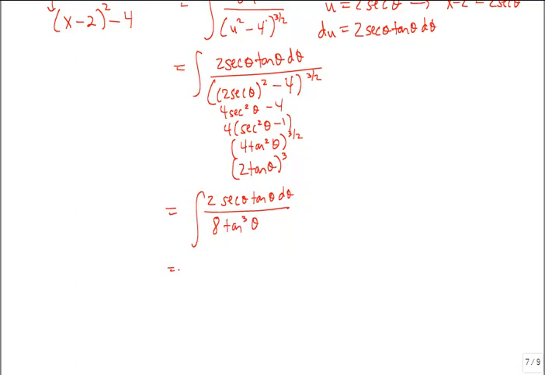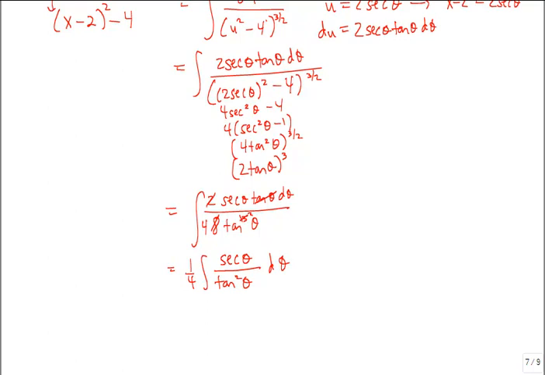So simplifying, one of these tangents could cancel out, and the 2 will cancel out and turn this into a 4, which I'm going to go ahead and pull out that 1/4 out front. So we'll still have a secant theta on the top, and we'll have a tangent squared theta on the bottom.